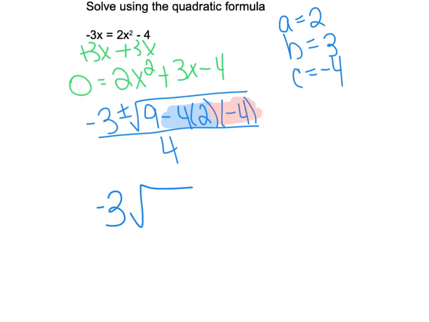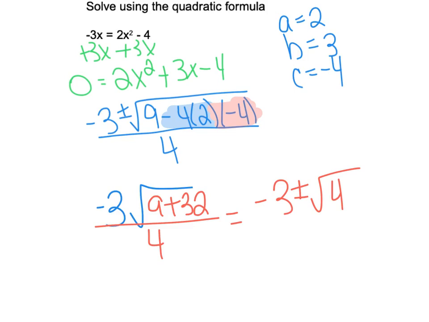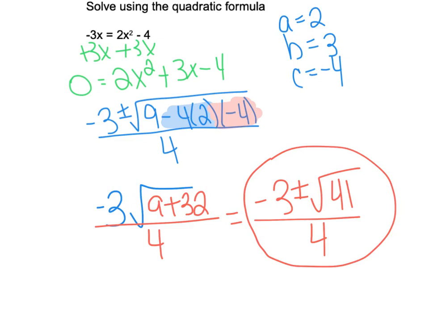Negative 8 times negative 4 is positive 32. So we are actually going to have 9 plus 32 underneath of our radical divided by 4, which is negative 3 plus or minus the square root of 41 over 4. Since the square root of 41 does not have any perfect square that's a factor, we can be done.